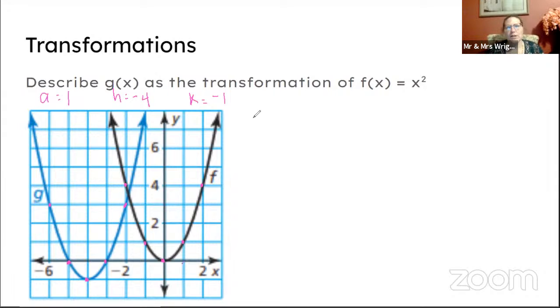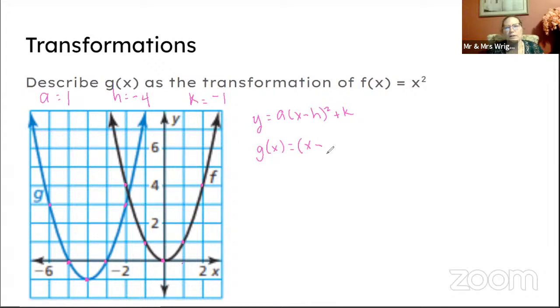Let's write this. We know our form is going to be y equals a times x minus h squared plus k. A is 1. Oh, you know what? It wants me to write it not as y equals, but as g of x. G of x is, a is 1, so we don't need to write that, x minus, what is h?